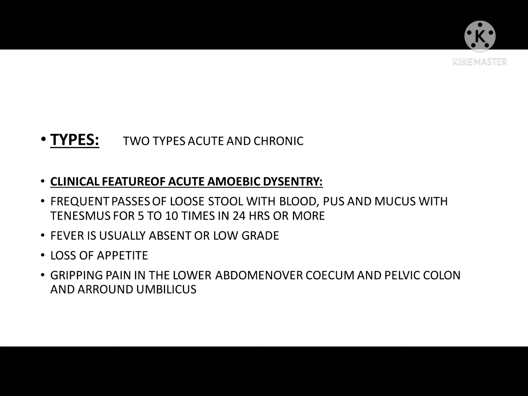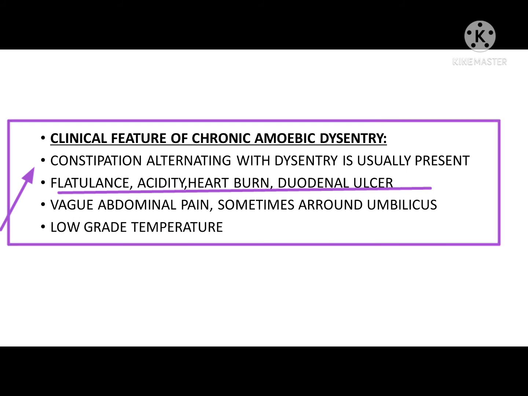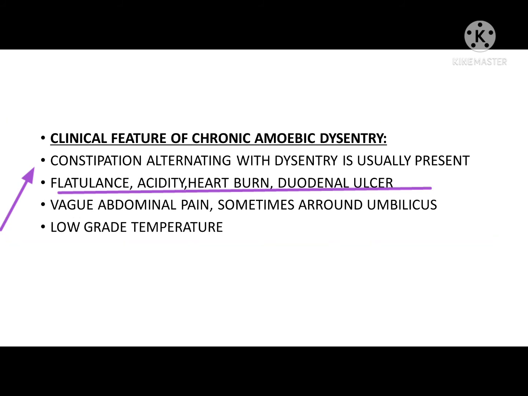Loss of appetite and dragging pain in the abdominal region, pelvic region and the umbilicus is seen. Now in chronic amoebic dysentery, constipation is seen alternating with dysentery. Flatulence, acidity, heartburn, duodenal ulcers.